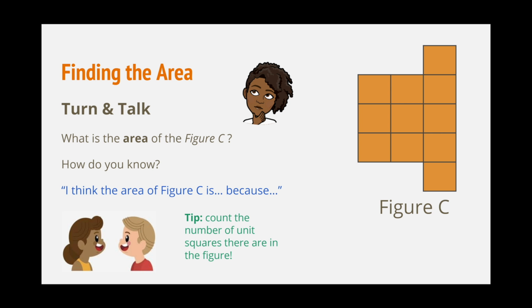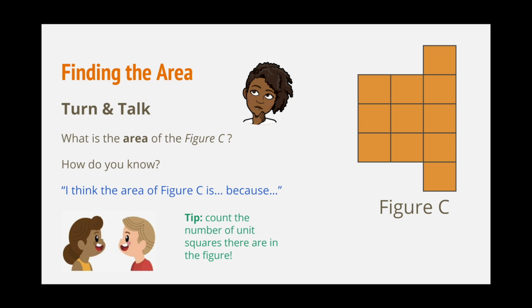So now we're going to practice finding the area. This is where you're going to turn and talk, and if you don't have someone at home, you can talk to yourself. So what is the area of figure C? So that's figure C with the orange boxes. And how do you know? So I want you to use the sentence stem.